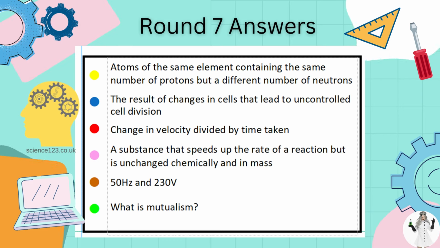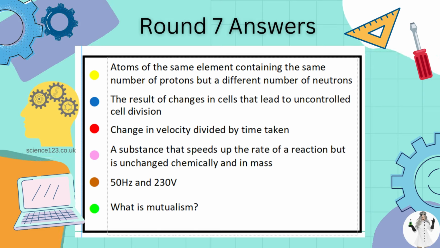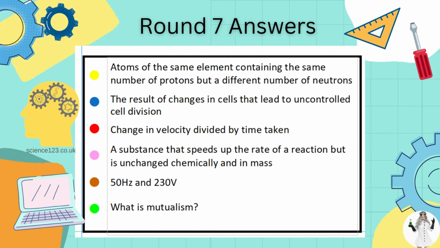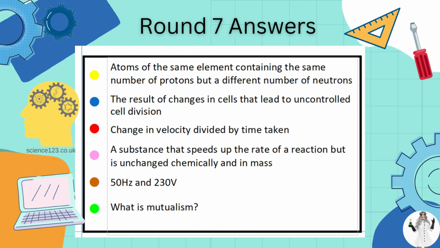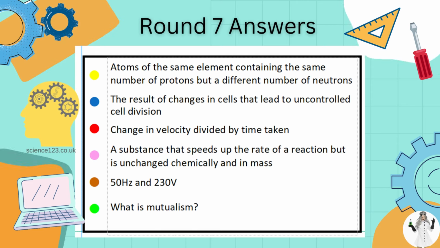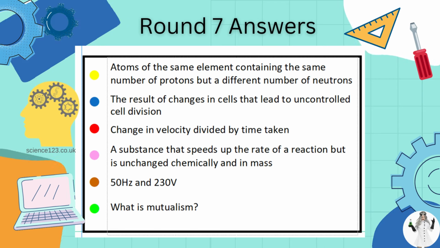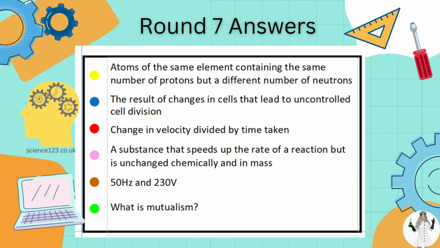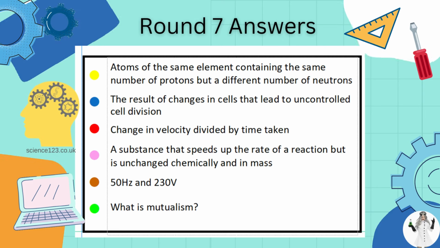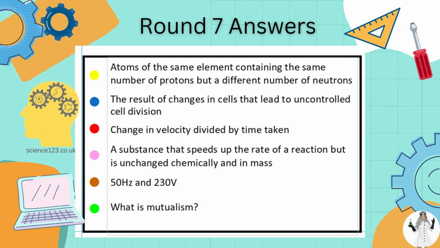A catalyst is a substance that speeds up the rate of a reaction but is unchanged chemically and in mass. The frequency and voltage of a UK mains electricity supply are 50 Hz and 230 volts. When organisms benefit from a relationship, it is known as mutualism.